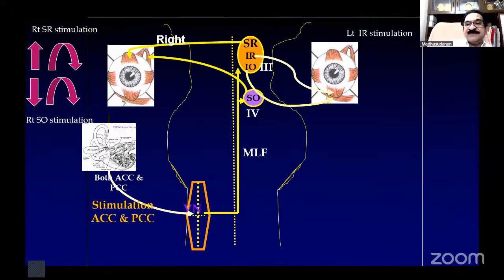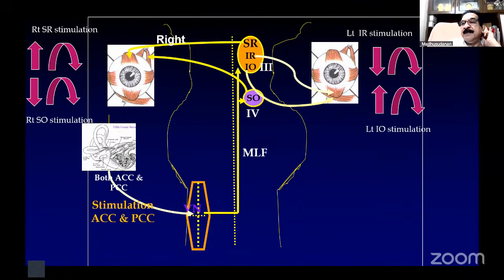Now let's see on the left side what happened. The left inferior rectus is stimulated. The eye goes downward and extorts. Inferior rectus is an extorter, and inferior oblique is also an extorter. The other muscle activating is the left inferior oblique. It produces an upward movement, but extortion movement. So look at the right and left side.